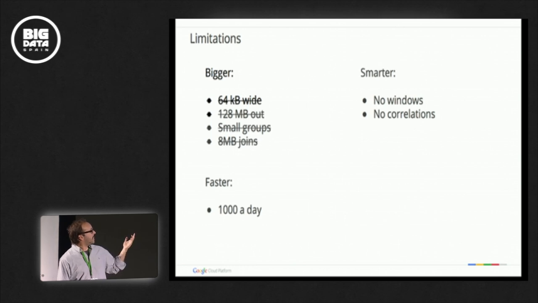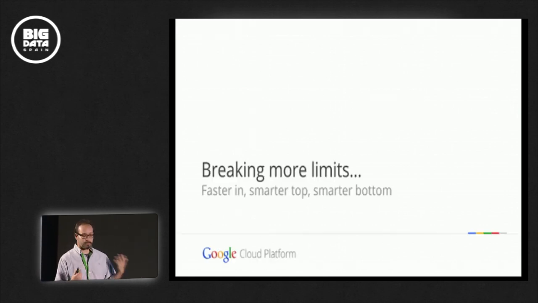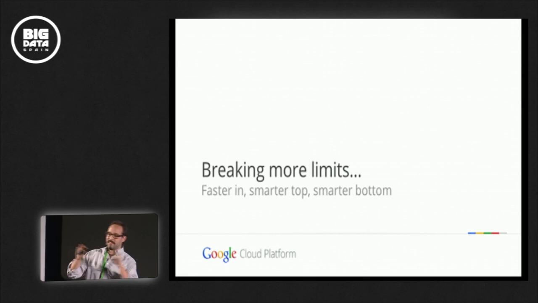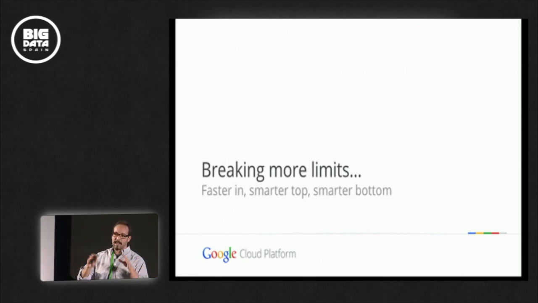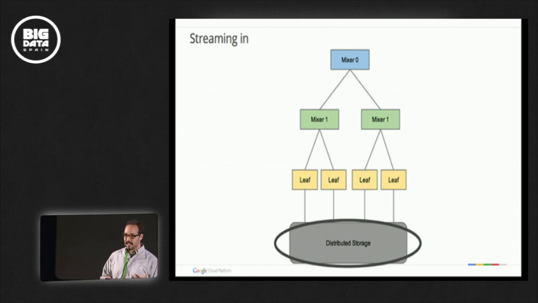Let's continue. There are more limitations. Not every limitation comes from this architecture. So let's forget for a minute about the shufflers. Let's think what other things we could improve here. And here we have the distributed storage.